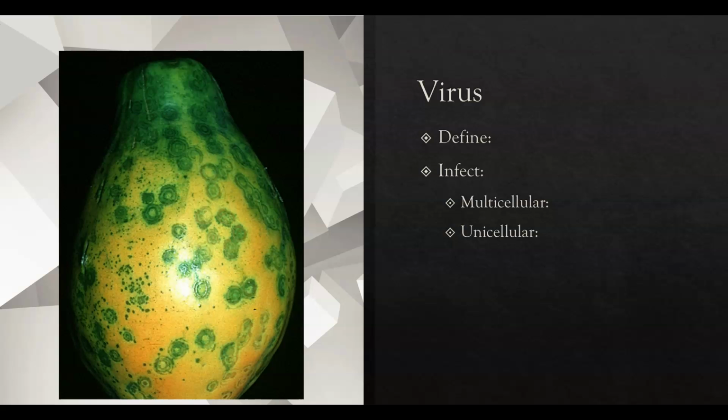And now we can eat papayas again. That's a cool thing that scientists can do with genetic engineering. A unicellular thing that could get infected would be like an amoeba, like the Amoeba Sisters, or a bacteria. But basically, viruses can attack anything that's alive.